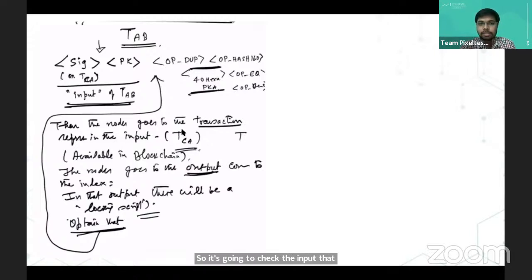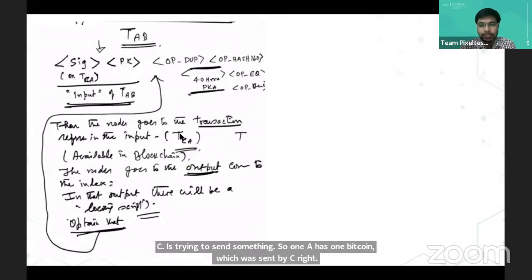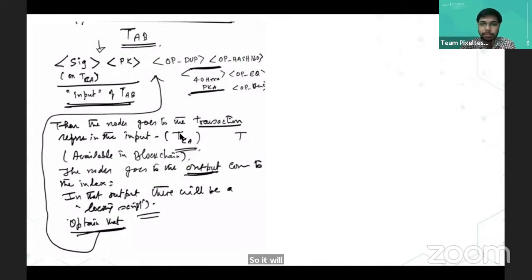The node goes to the transaction referred in the input TCA. So C is trying to send something. A has 1 Bitcoin, which was sent by C. So it will see, okay, does A genuinely have this 1 Bitcoin?